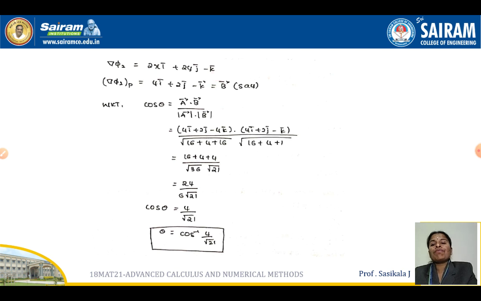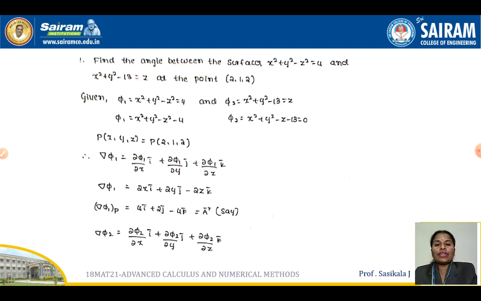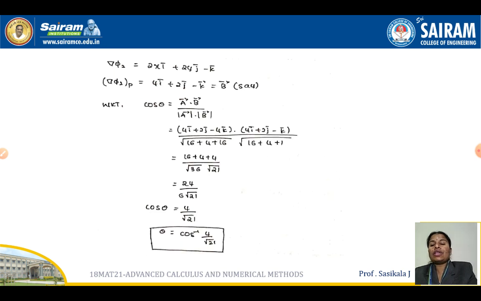That is written as 2x i vector plus 2y j vector minus k vector. At the point 2, 1, 2, del phi 2 is 4i vector plus 2j vector minus k vector, which is considered as the b vector.